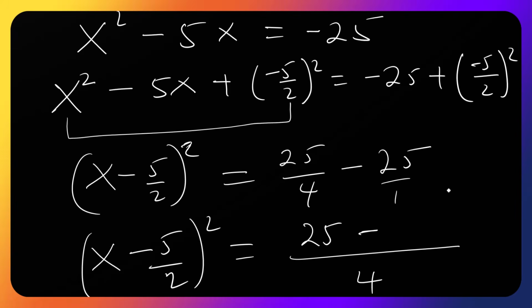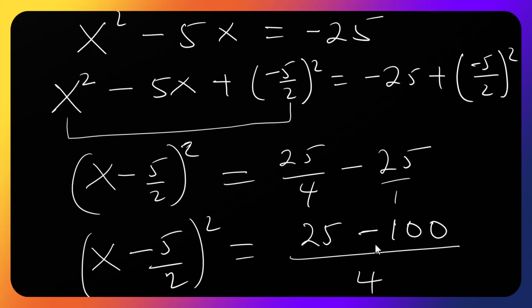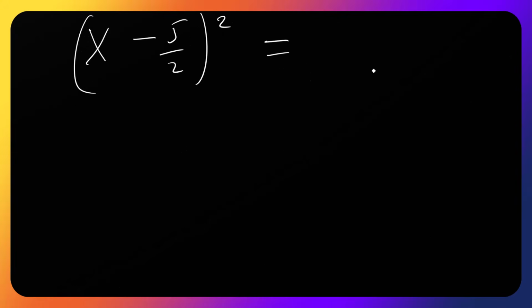So x minus 5 on 2 squared equals, so we have the numerator here as minus 75 on 4.